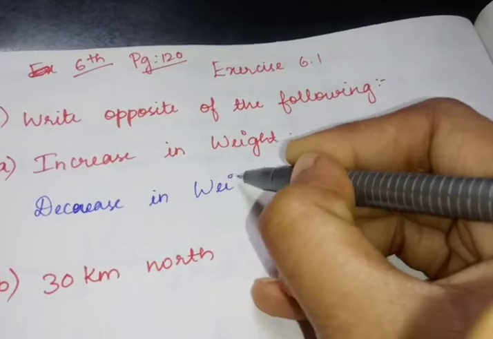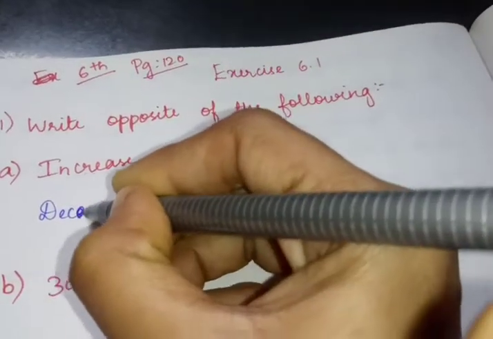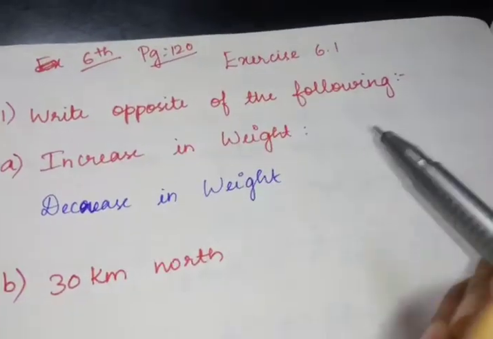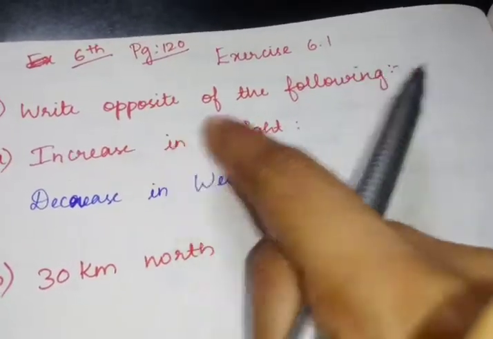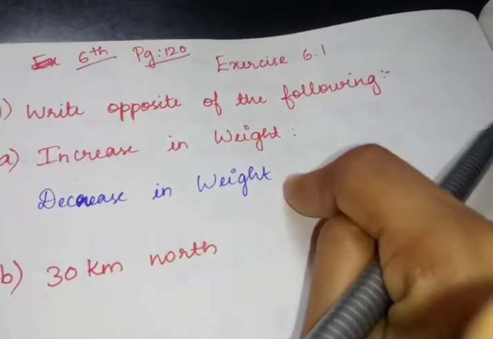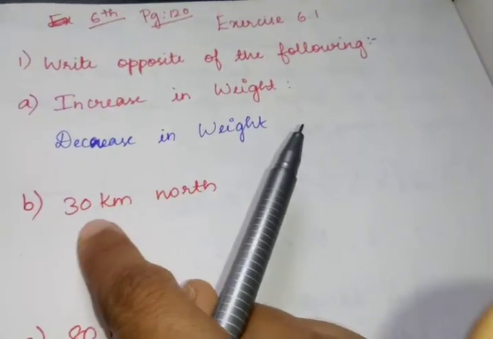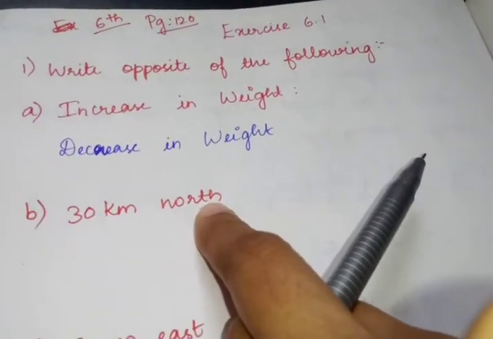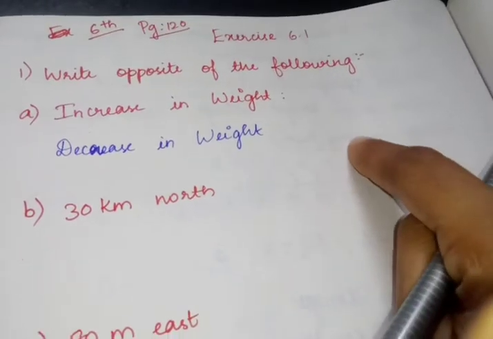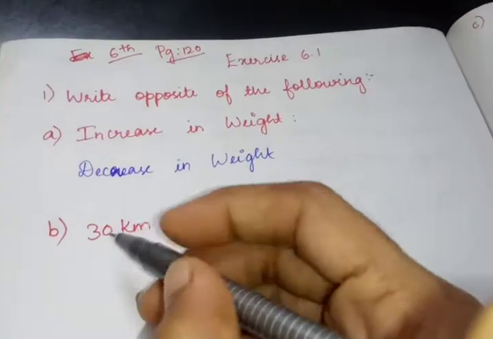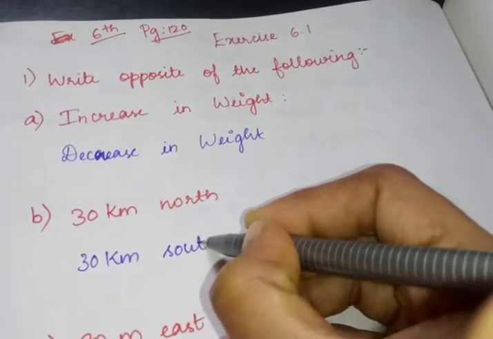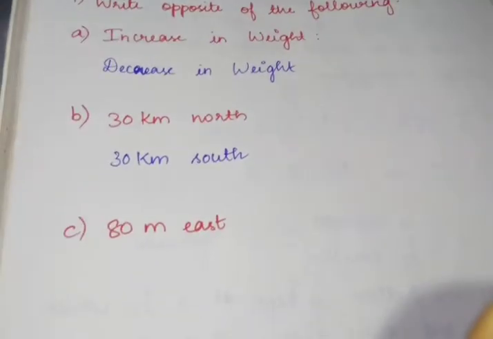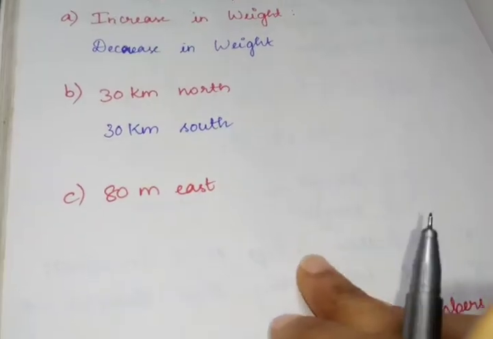You should write the opposite of the given word. Increase in weight, decrease in weight. Next, 30 kilometer north. What will you write? The opposite of north is south, so 30 kilometer south is your opposite.